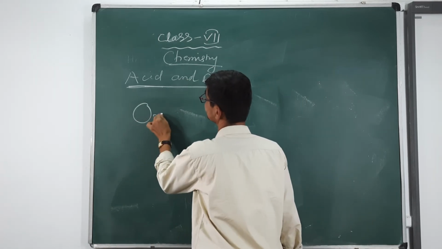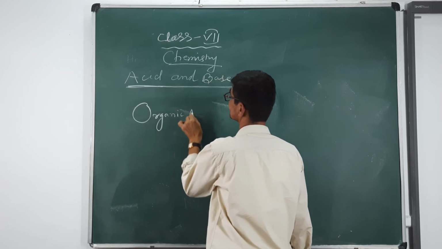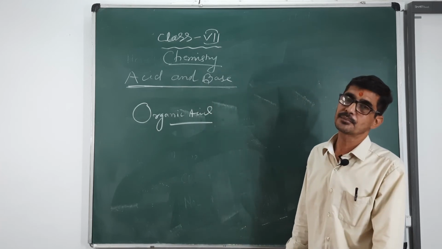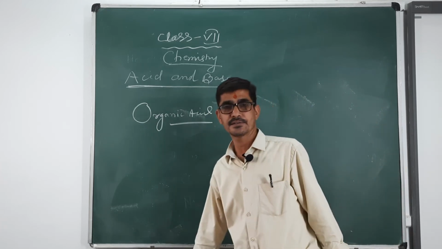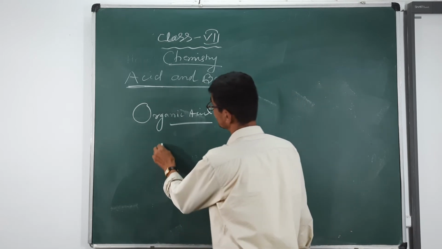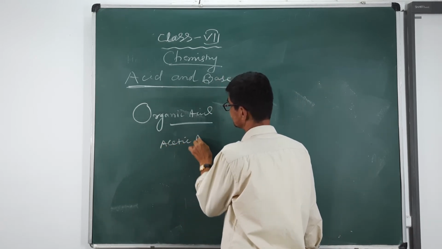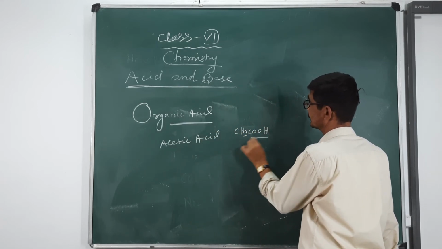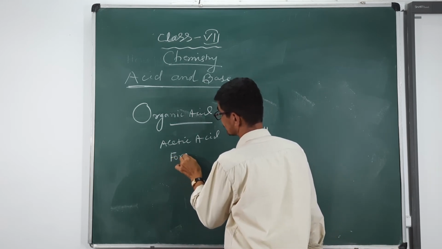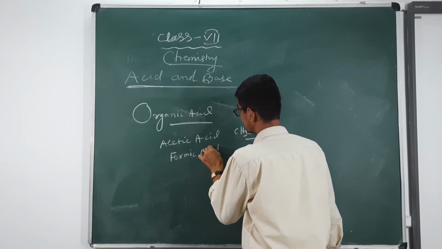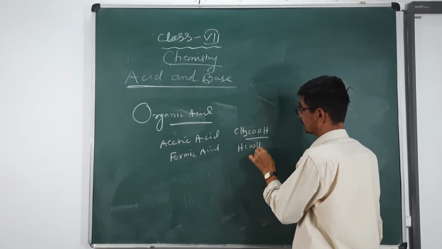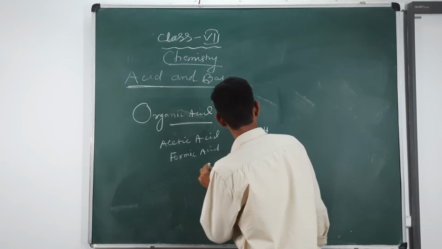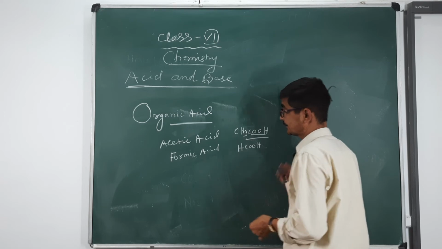Now organic acid. Acid which is obtained from organisms, plants as well as animals, is called organic acid. For example, acetic acid, formula CH3COOH. Formic acid is present in ants, HCOOH. COOH is the functional group of organic acids.